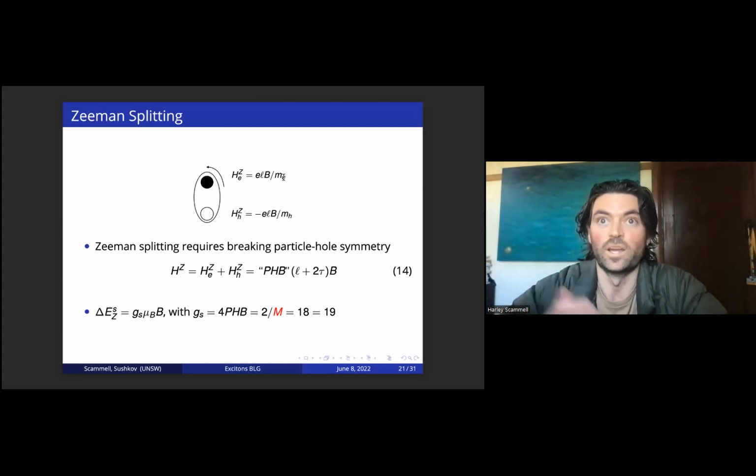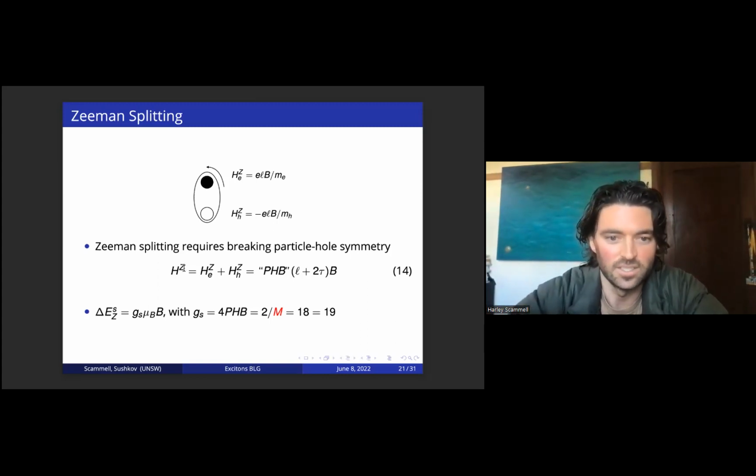So this is also a good way to measure what the particle-hole symmetry breaking is. In equation 14, Z just means I extract the Zeeman part. This was just for orbital, but now I include what goes on with valleys. It's a pretty subtle calculation, but extend this same sort of logic. And I put in here in quotation marks, particle-hole breaking terms.